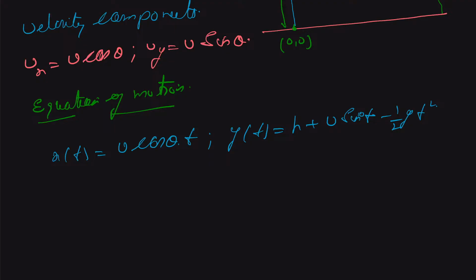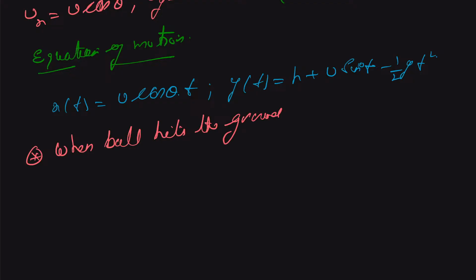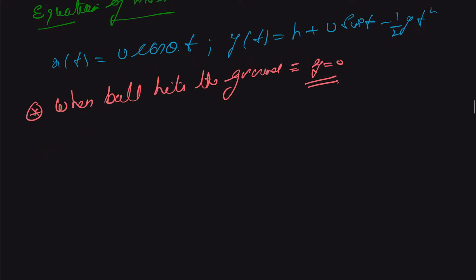Now we can find the time of flight when the ball hits the ground. When the ball hits the ground, we know that the value of y will be equal to 0.